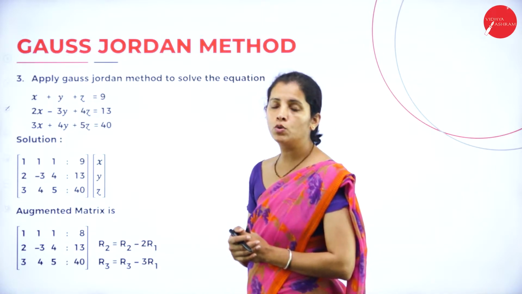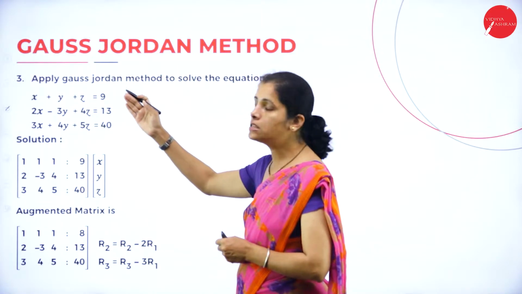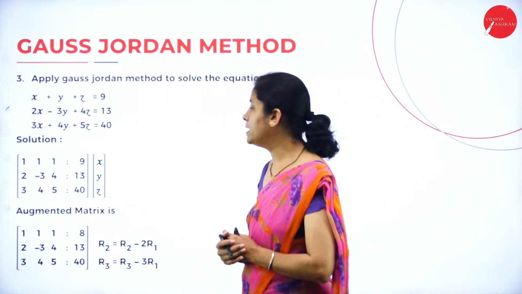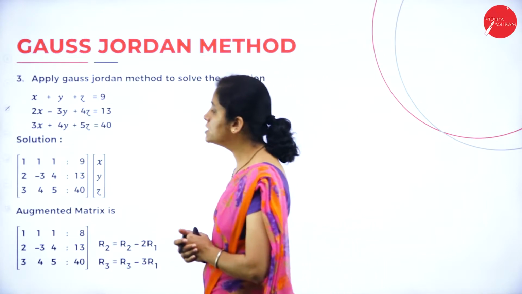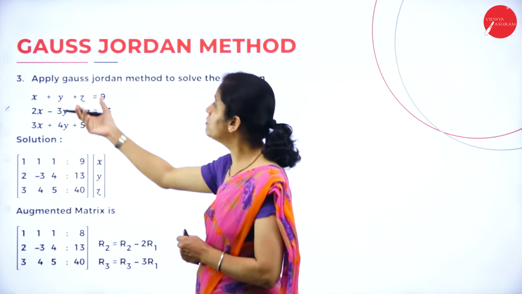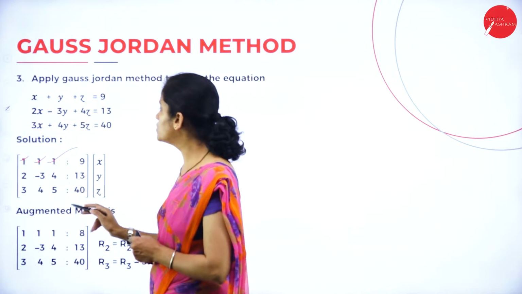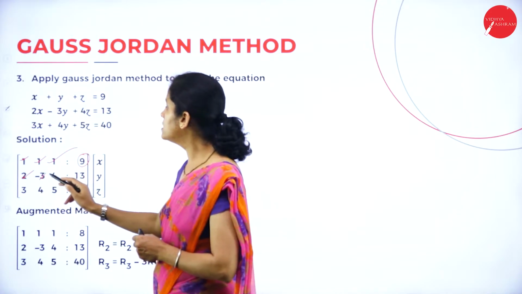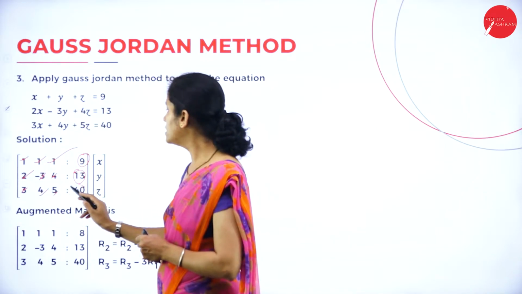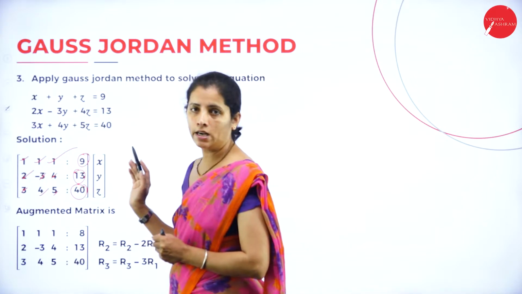Now I want to construct these linear equations in the form of an augmented matrix. First, I'm going to write the coefficients of the given variables. So x is 1, y is 1, z is 1 and 9. 2, minus 3, 4 and 13. 3, 4, 5 and 40. So this is my augmented matrix.